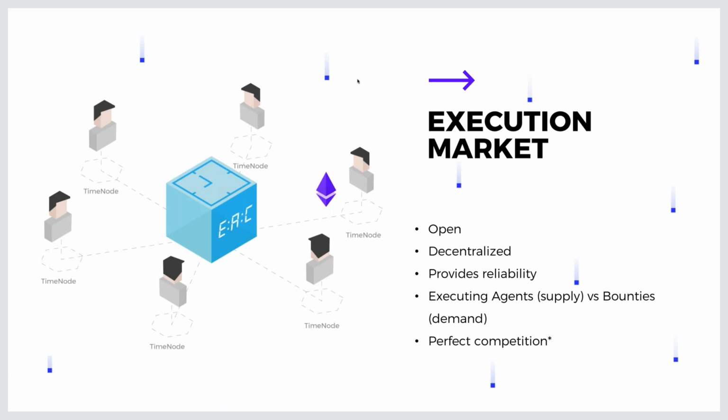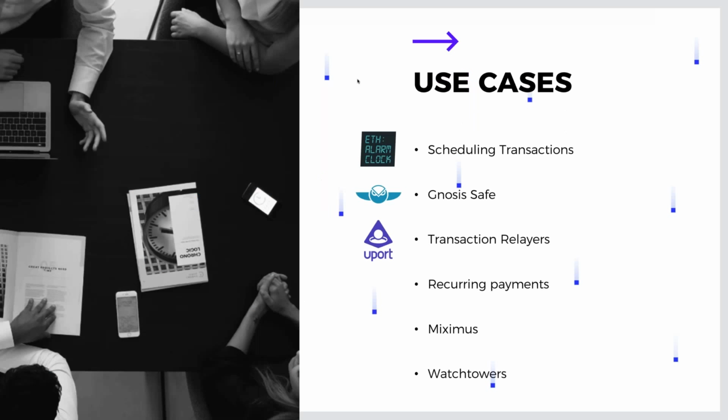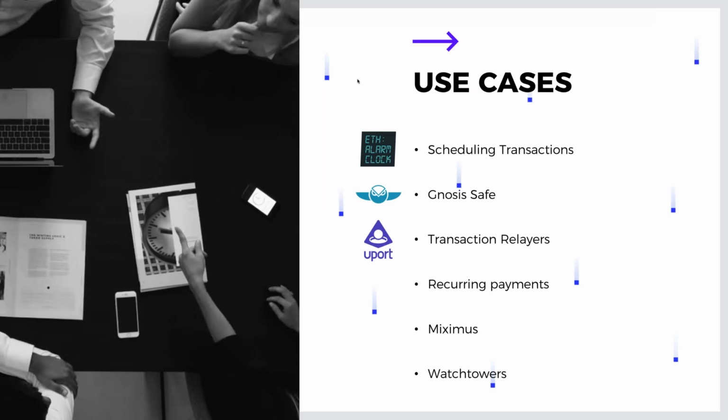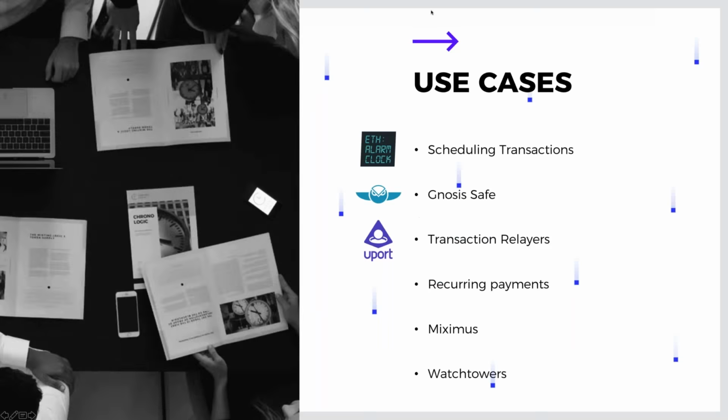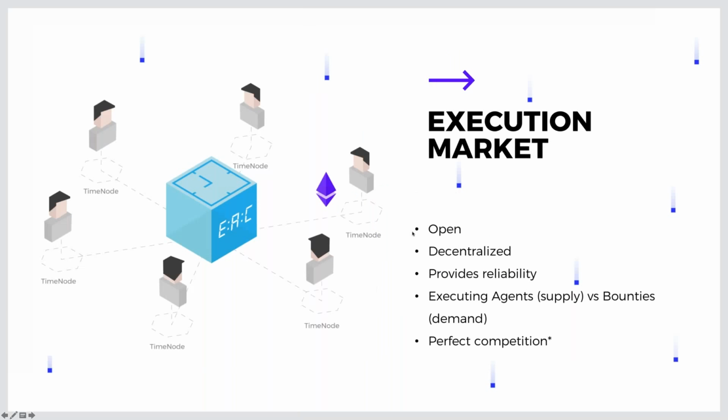This kind of market also has a couple of the characteristics of perfect competition markets. Essentially, everyone on the market has the same information, and everyone serves the same service for the market. So that might mean that the long-term earnings are going to trend towards minimal earnings.